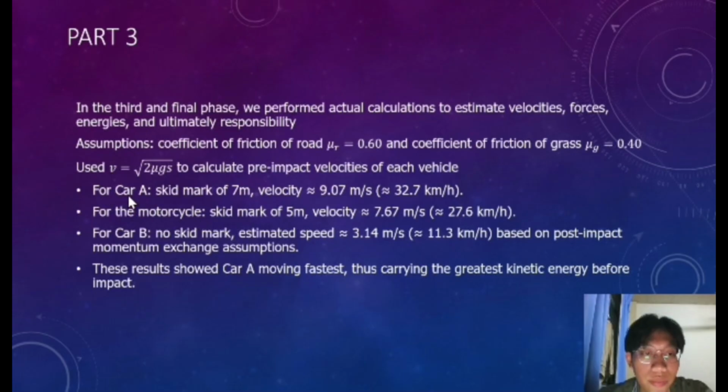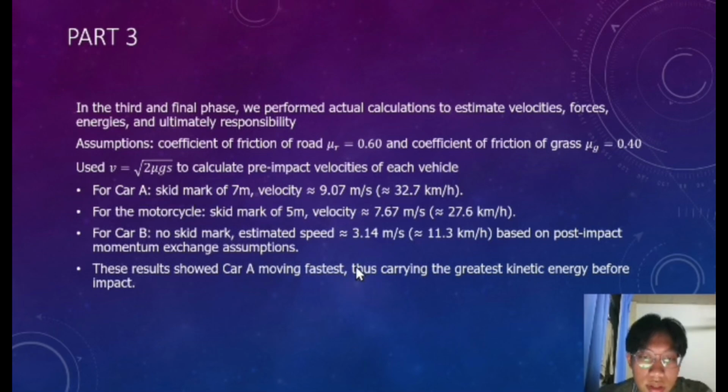After we input the necessary information into the formula, we found out that car A has the highest velocity out of the three vehicles, which is 9.07 meters per second. The motorcycle had a velocity of 7.67 meters per second, while for car B, it is estimated that the speed is around 3.14 meters per second.